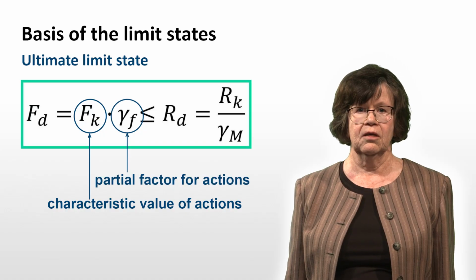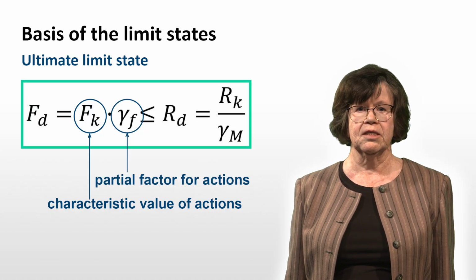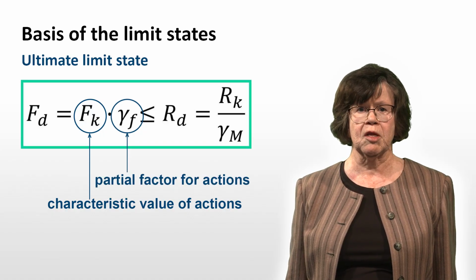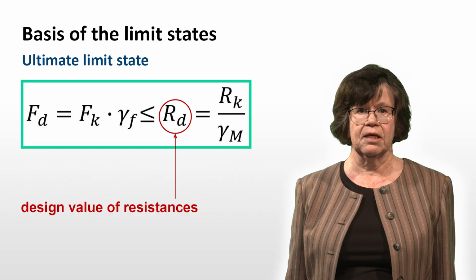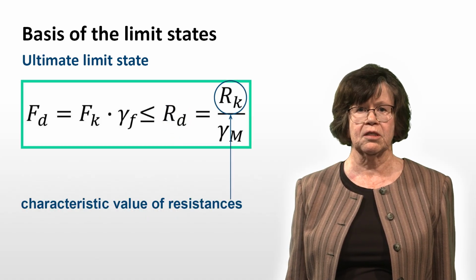Thus, in general, on the load side, the design value is obtained by multiplying the characteristic values by the partial safety factor gamma f, while the design strength is obtained by dividing the characteristic value by the partial safety factor of material gamma m.